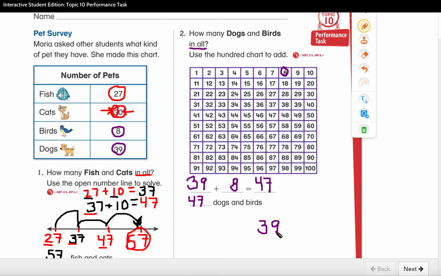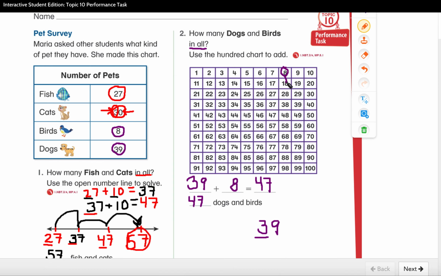How many 10s are in 39? Good, there's 3 10s. So, do we go back and forth when we're counting by 10s? No, because counting by 1s is when we go back and forth. So, we go up and down the column when we are adding 10. So, we would add 3 10s. That means we would move down 3 times. So, let's do that now.